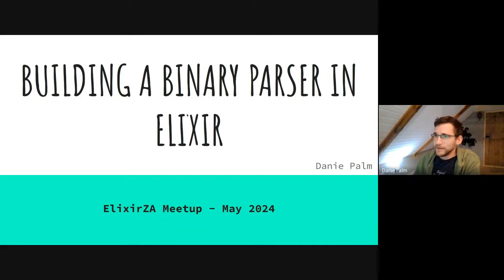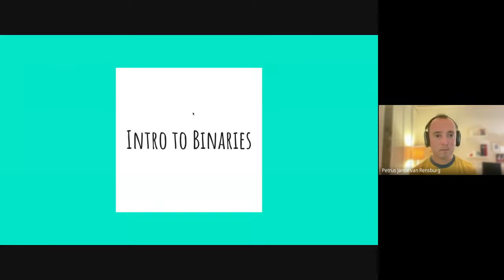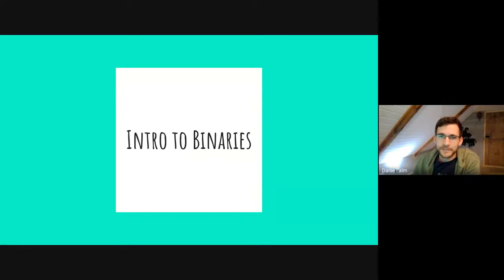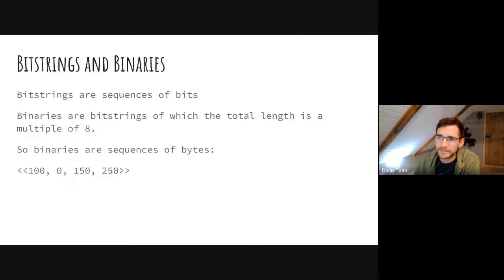Most of you are familiar with Elixir, otherwise you wouldn't be here, but if not, I need to give a bit of an intro to what binaries are. There are two related concepts in Elixir, the one being bit strings and the other one binaries.